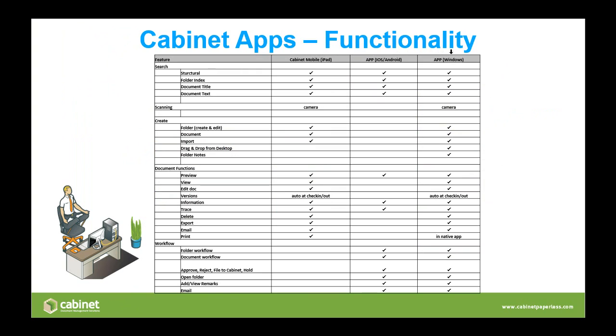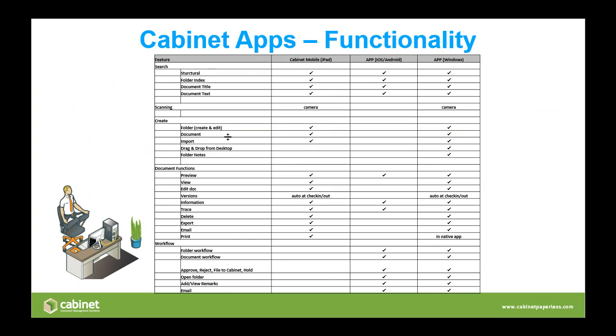Note that all of the apps have all of the search capability. The apps for Android, iOS, and Windows have all of the workflow capabilities. The app for iPad has all the document functions and the document create functions as well.